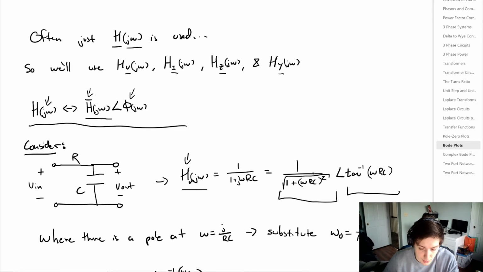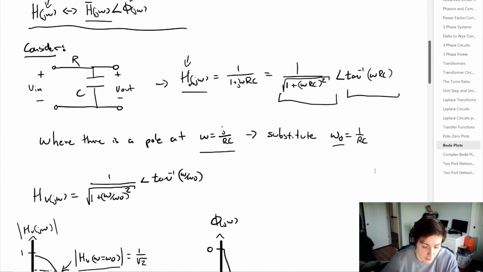We know from the pole zero plots that we're going to have a pole at omega equals j divided by RC. We're going to make a substitution for what we're going to call this natural frequency, omega naught, and that's simply going to be equal to 1 divided by RC.